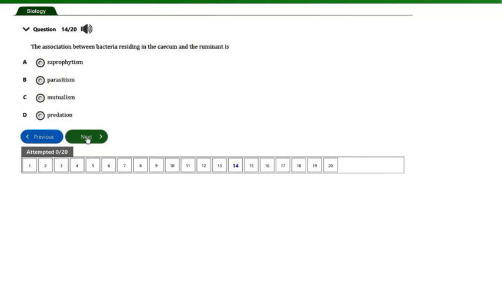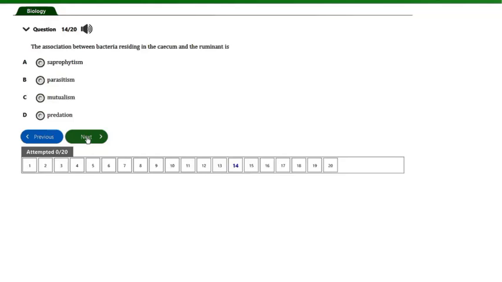A. Saprophytism. B. Parasitism. C. Mutualism. D. Predation. So guys, we've answered this question before, and we know the answer is mutualism. When two organisms of different species have a relationship where both organisms benefit, it is known as mutualism.